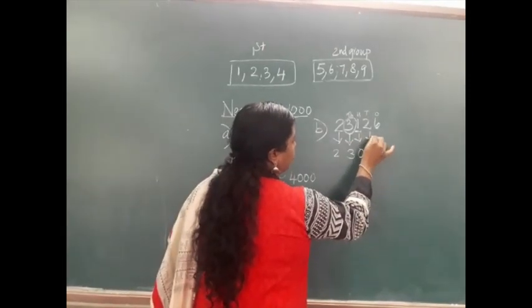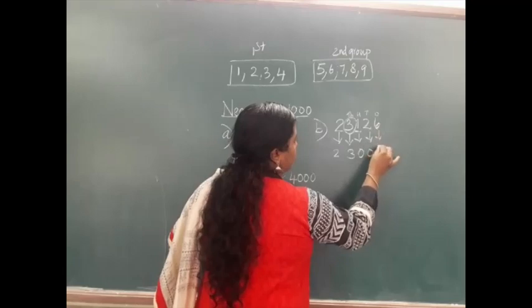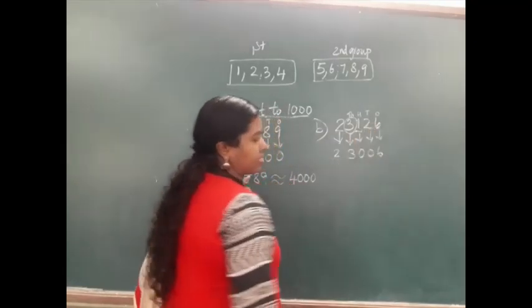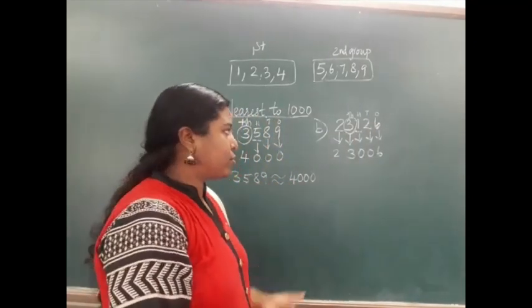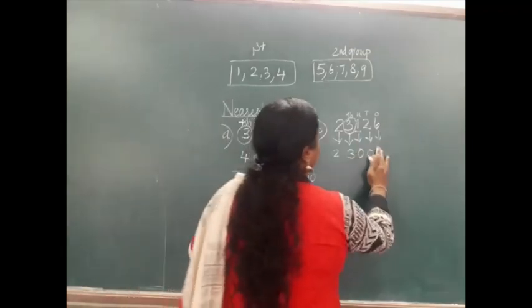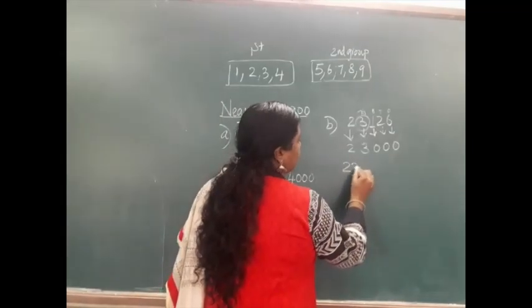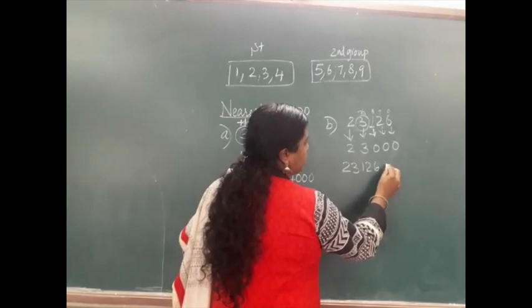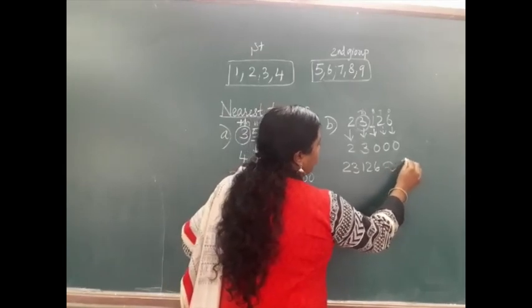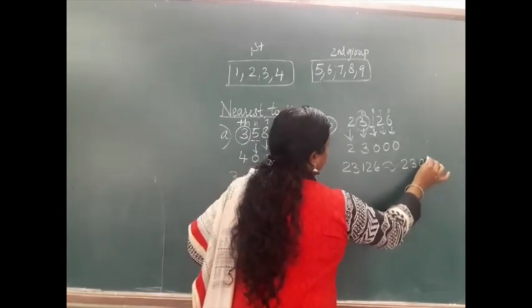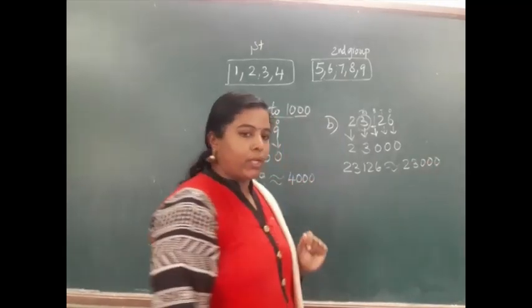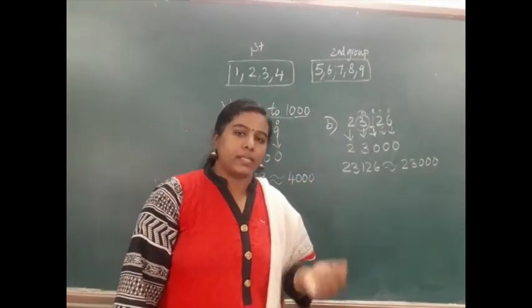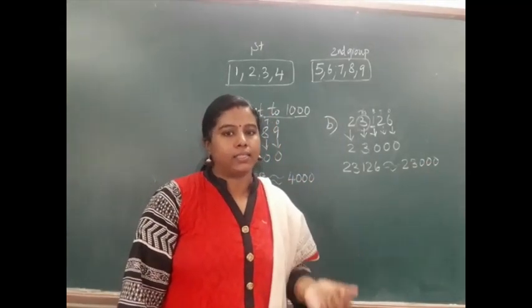So 1 becomes 0, 2 becomes 0 and 6 becomes 0. All the right side digits are changed to zeros. So 23,126 is rounded off to 23,000. Hope you learned how to round the numbers to the nearest 10, 100 and 1000.